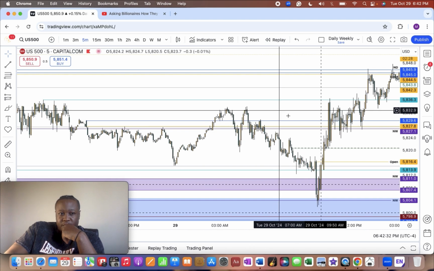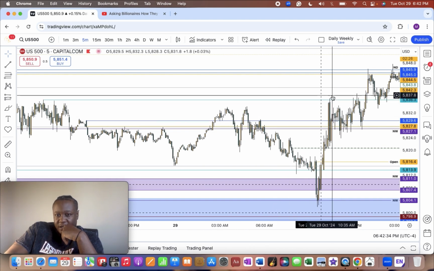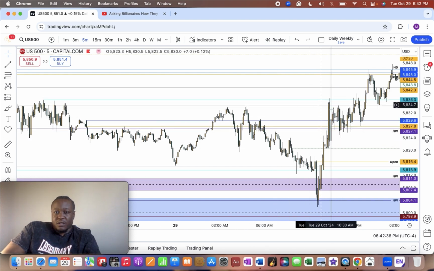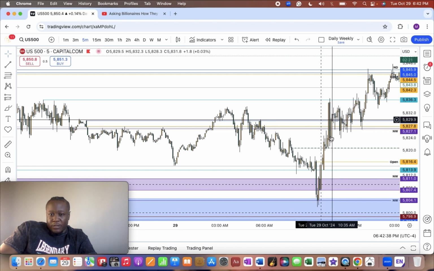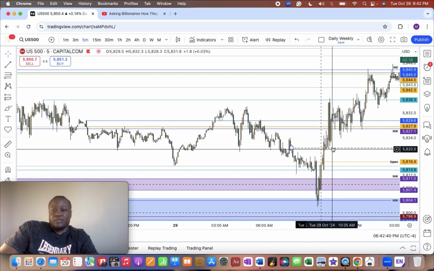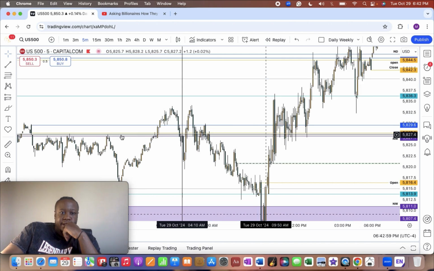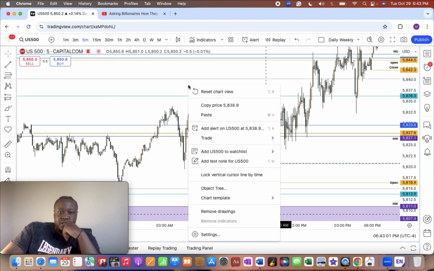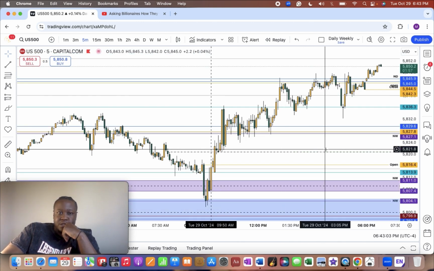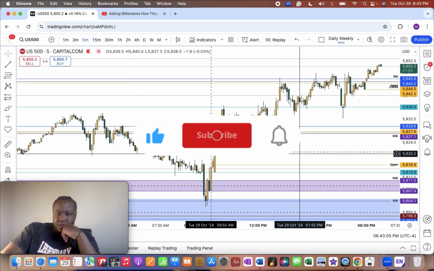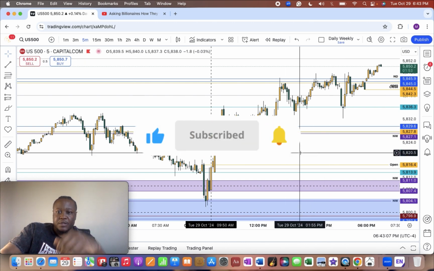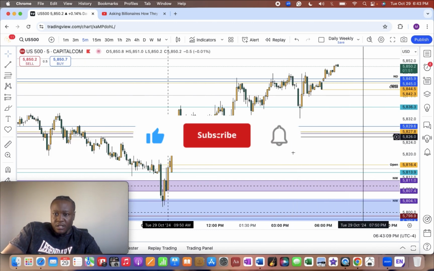Once the liquidity was taken out right here, we have this big down candle right after it hits this level, but the market still continues higher. Potential targets for me. Let me just clean this chart up now because it's a bit messy, but I kept it on just for this lesson.